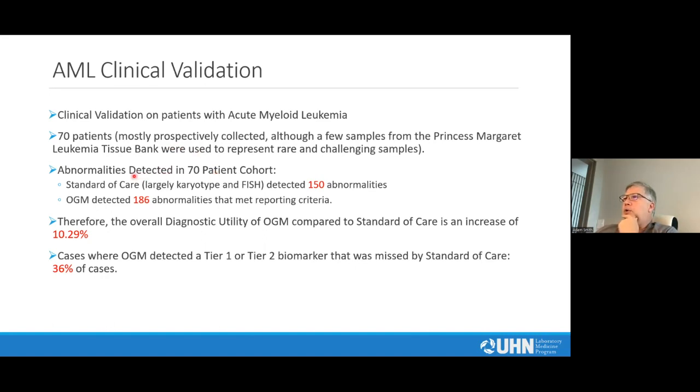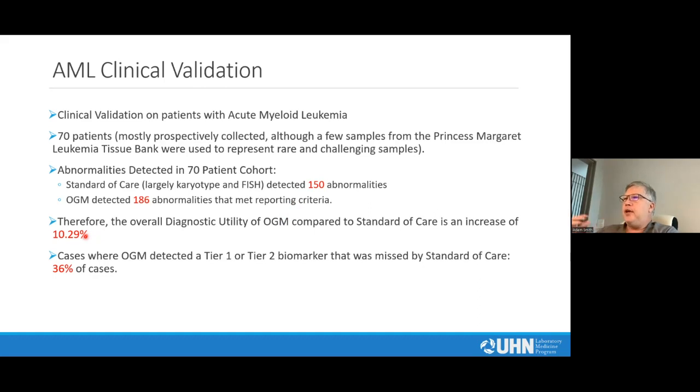We found in that 70 patient cohort, by standard of care, if we add up all the karyotype and FISH abnormalities, we detect 150 total abnormalities. By OGM, we detected 186 abnormalities that met the reporting criteria, of which I've discussed a lot today.